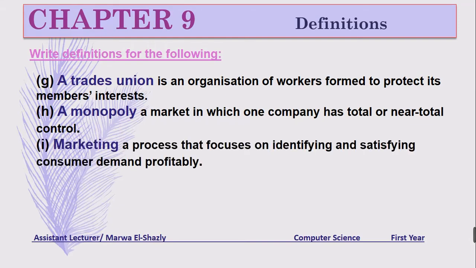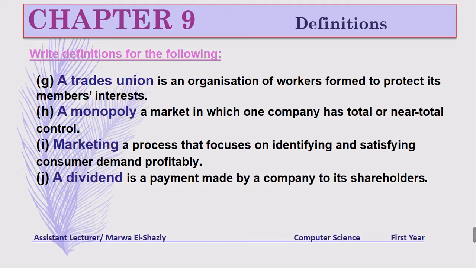Marketing is a process that focuses on identifying and satisfying customer demand profitably. Okay, what is the meaning of marketing? Yes, التسويق هي عبارة عن process بتفوكس على identifying بتحدد و satisfying بتلبي ال customer demand أو مطالب العميل.